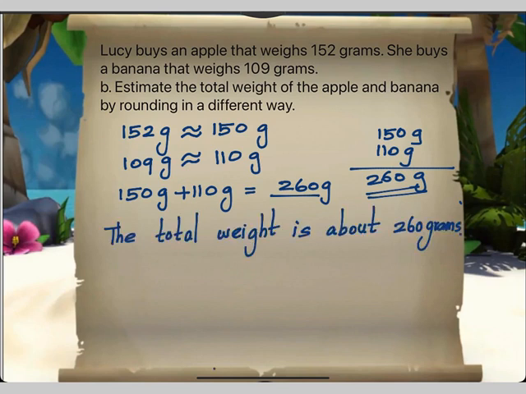The statement will be the total weight is about 260 grams, period. Again, the way the word about is used, about means it is not an exact value. 260 gram is an approximate value, or it is an estimated value.